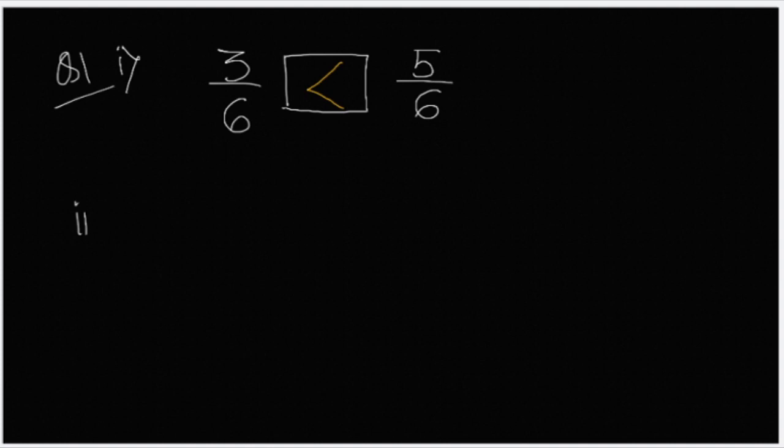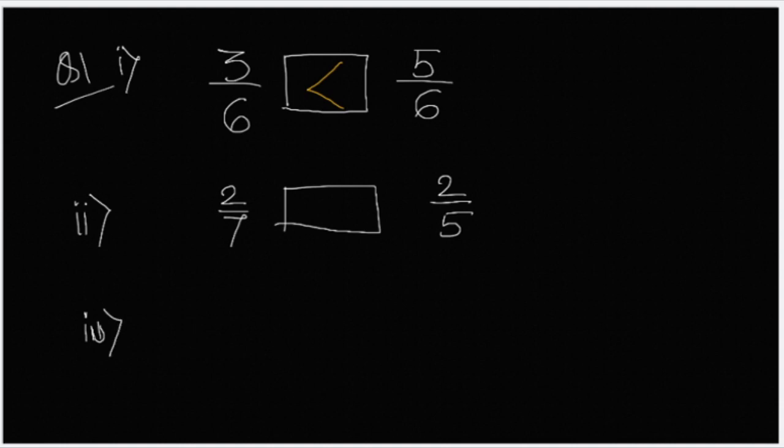Okay, and let's do question number 2. 2 by 7 and 2 by 5. Let me write down number 4 also. I will do number 4. 4 by 7 and 4 by 9.